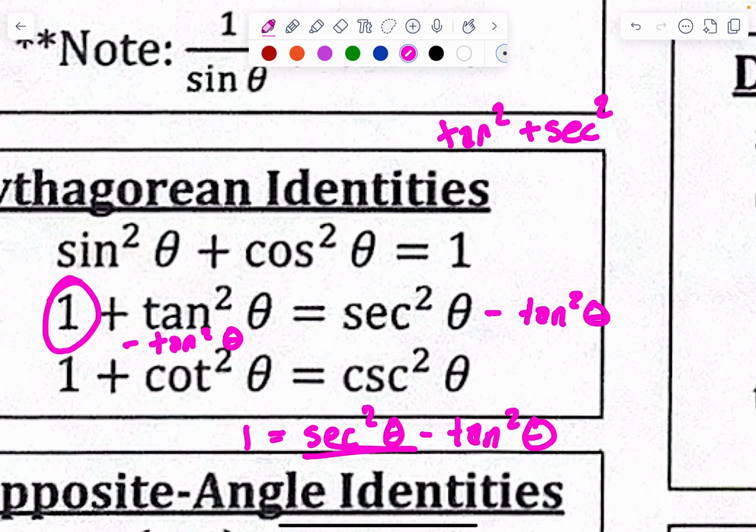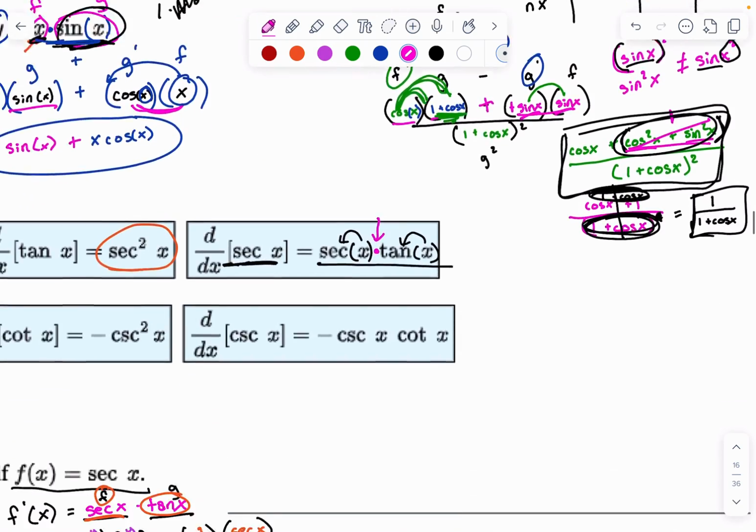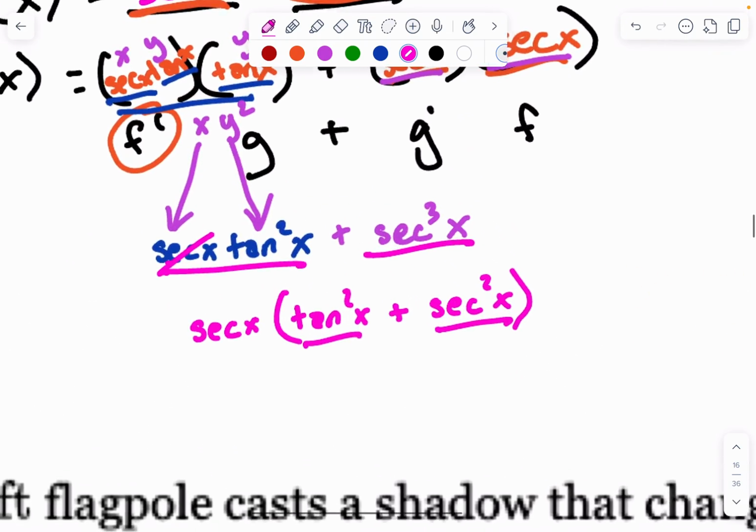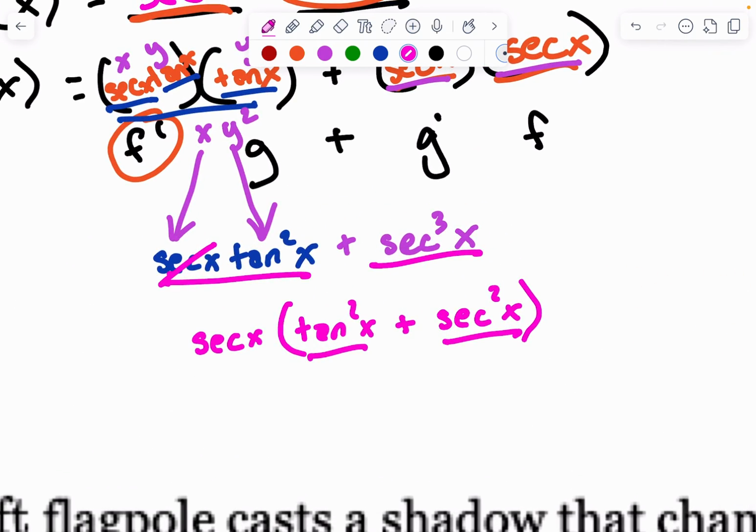So if it was secant minus tangent instead of secant plus tangent, I could replace that and cross that out and put a 1 there. But it is plus and not minus, okay? So I'm looking at this down here and I don't think I can do anything with that yet.